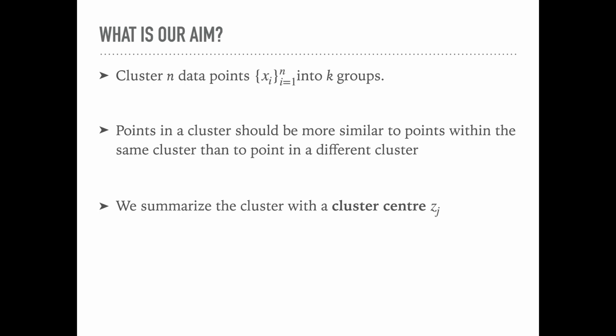Well, we want these clusters to be as tight and distinct as possible, so that two points in the same cluster should be closer or more similar in some sense than two points in different clusters. In particular, what do I mean by in some sense? I mean that they should be closer to their cluster center. Our cluster centers we are going to call Zj. Throughout all of this, i is the index of the observation and j is the index of the cluster.